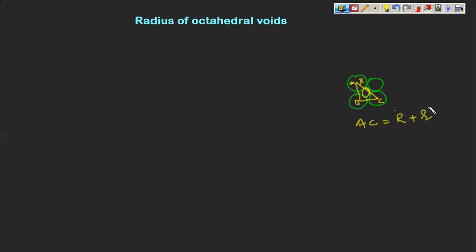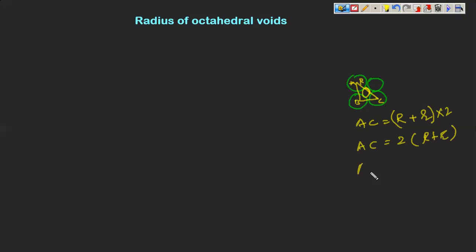You have to multiply by 2. Why? Because small r plus capital R is one, and small r plus capital R is another. So there are 2 of small r plus capital R. So AC is equal to 2 times capital R plus small r.